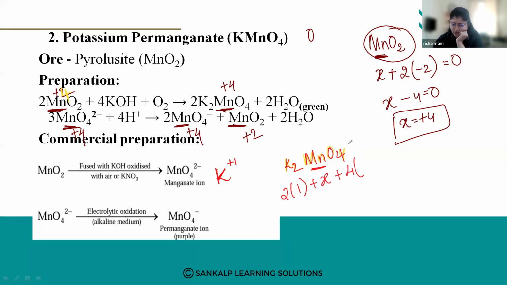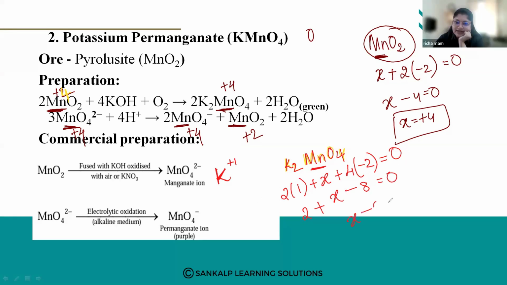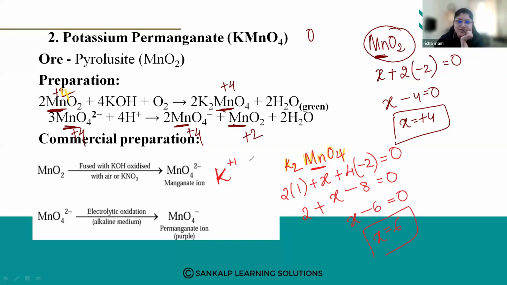Each oxygen is -2. The total is 0. So 2 + x - 8 = 0, then x - 6 = 0, so x is equal to 6. So the charge is +6.